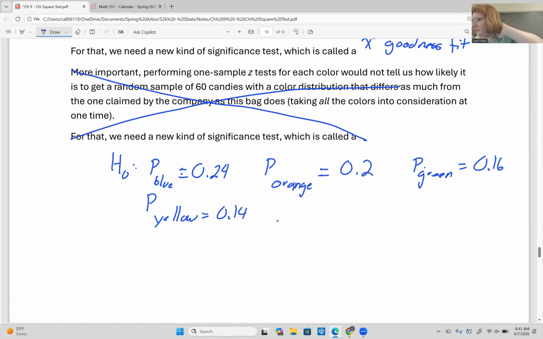What did the company claim we would get for red on the first page? What proportion are supposed to be red? 13%. And that is the same for the brown.